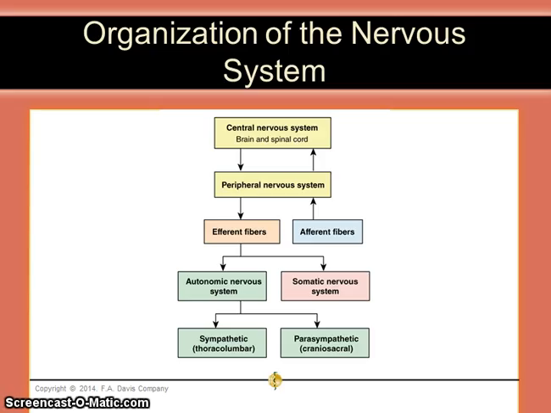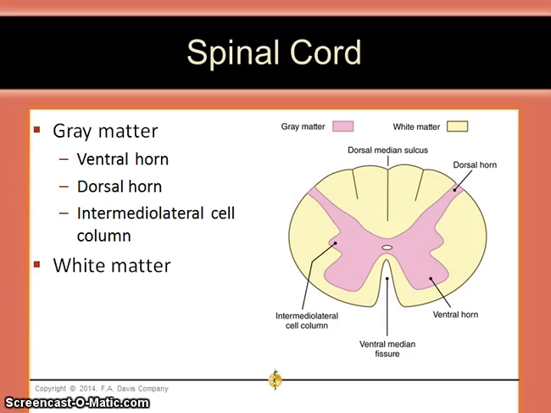This diagram illustrates the organization of the nervous system from the central nervous system, which consists of the brain and spinal cord, down to the various divisions of the peripheral nervous system. The spinal cord is composed of gray matter and white matter.